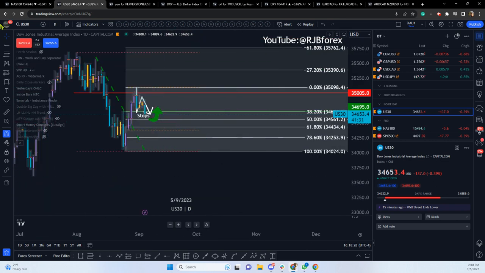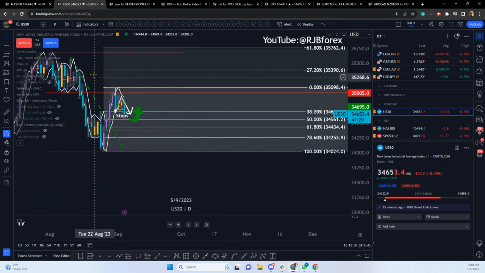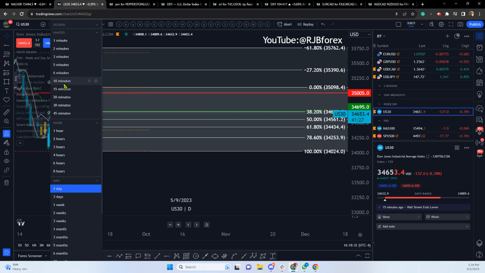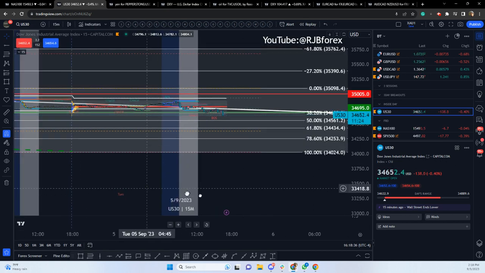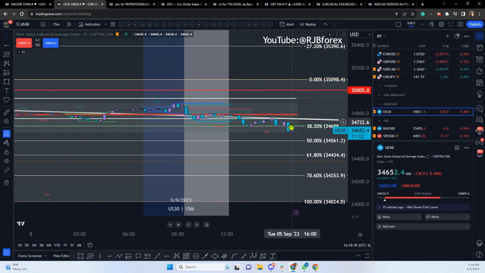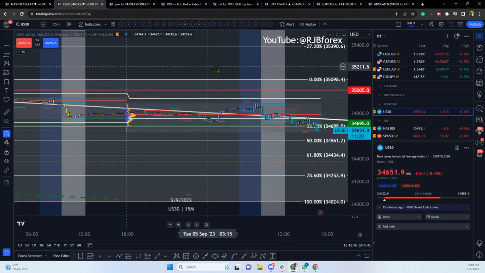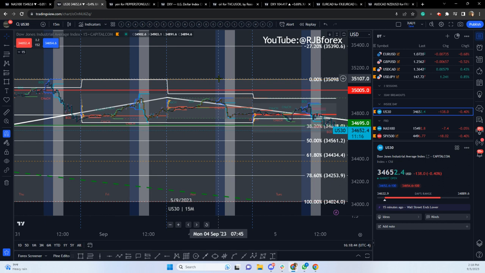We go to sessions. There we go. So, for those that aren't familiar with this template, this is what I use to align myself with the week's template.